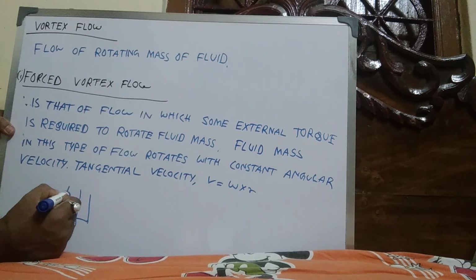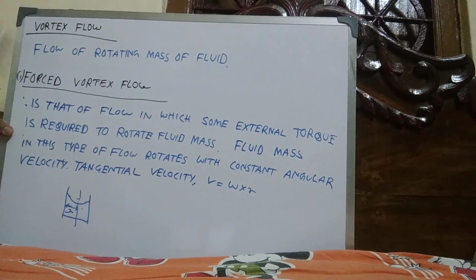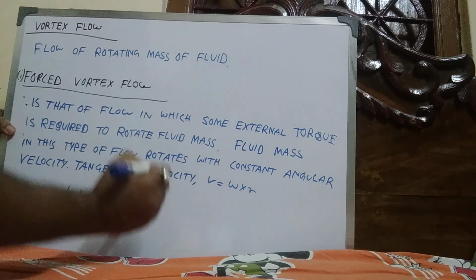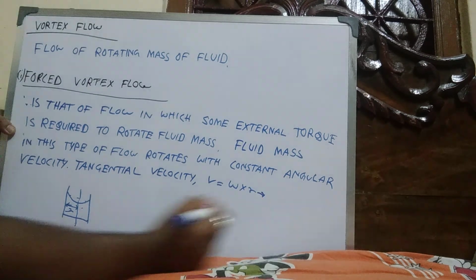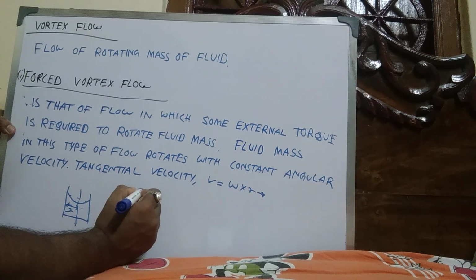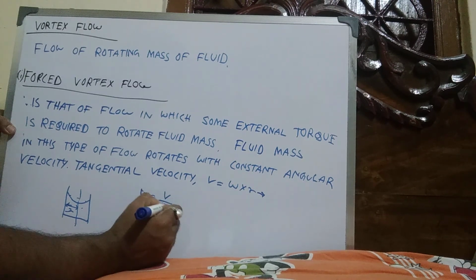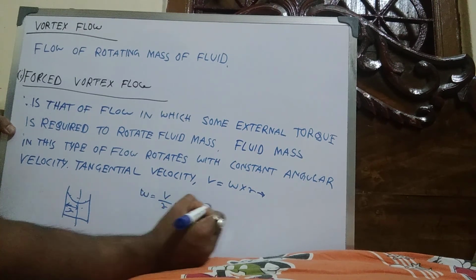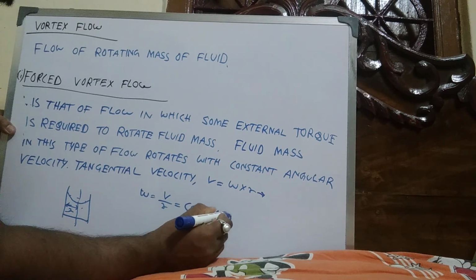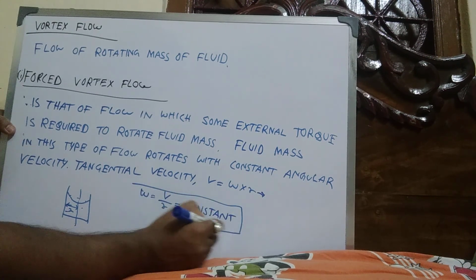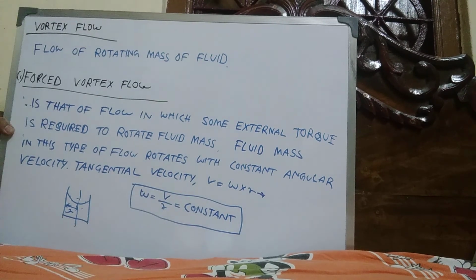Suppose this is a container filled with liquid. After rotating, the surface is parabolic. So omega equals v by r equals constant. This is the relation between v and r for forced vortex flow.